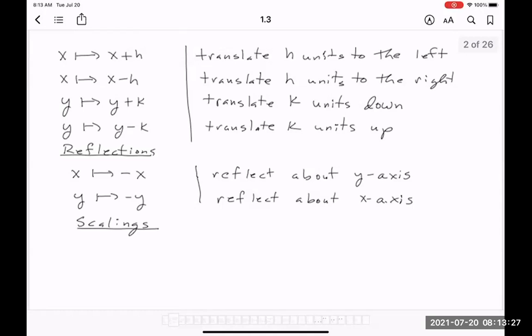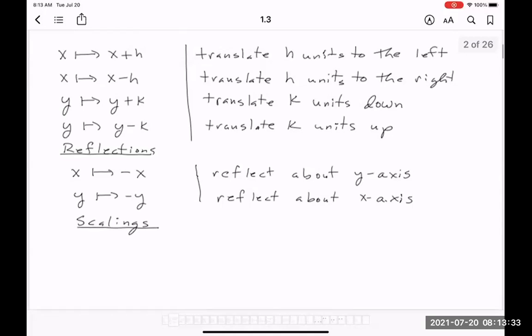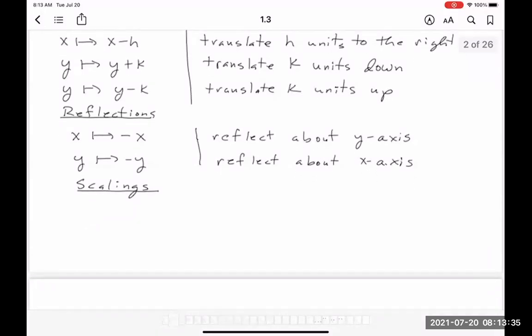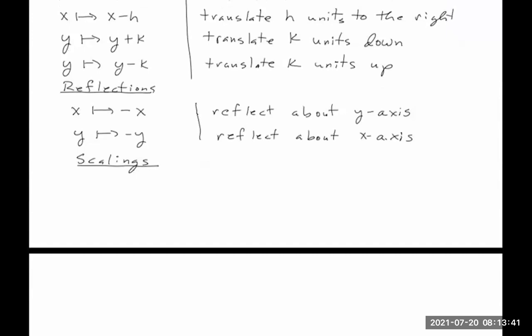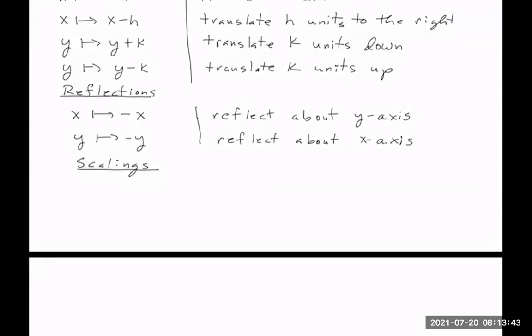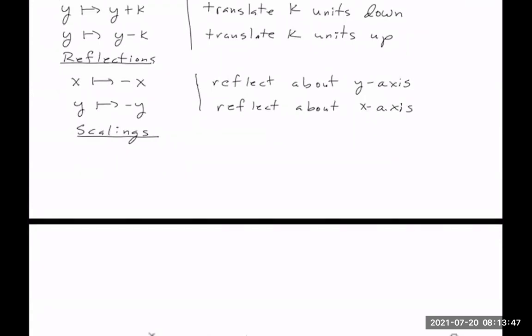Negative y, that's going down. And so I'll translate my original function by k units down. Now, let's replace y by y minus k, and so I will translate my original function k units up.